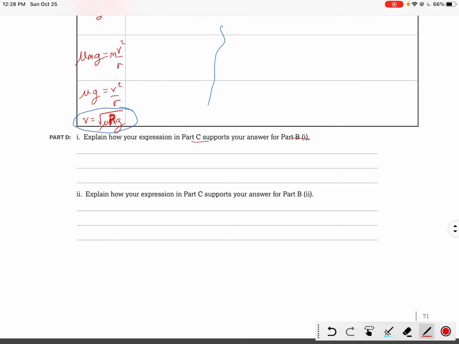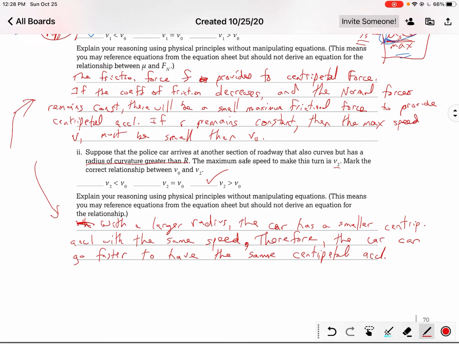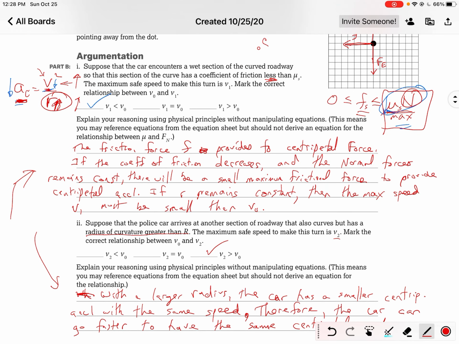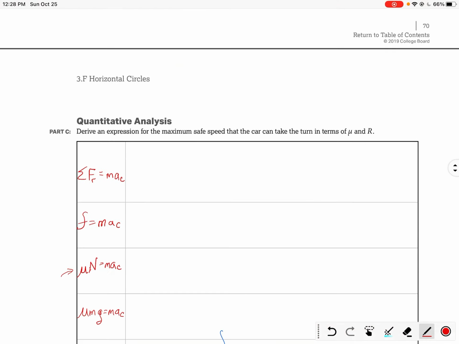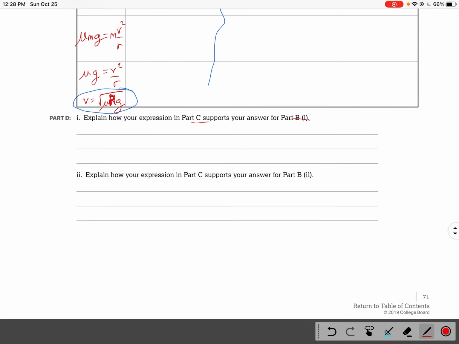So if we want to remember, part B is about a reduction in the mu, and we said that we need a reduction in the speed. So let's connect that qualitative, quantitative connection.